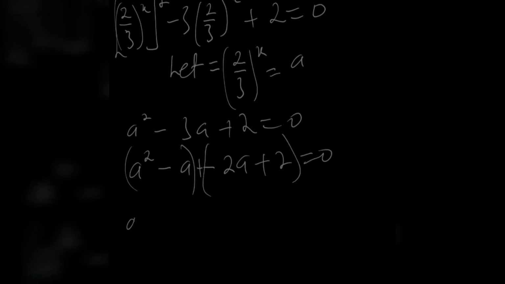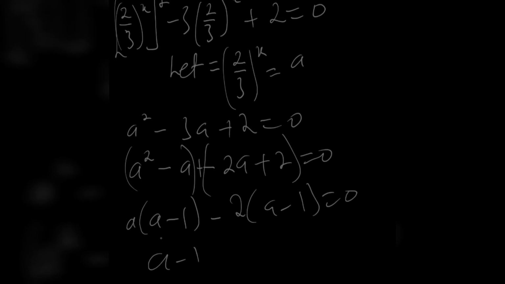Factoring out a, we get a minus 1 here. Then factoring out minus 2, we get the same a minus 1 in the same bracket. So we get a minus 1 in one bracket and a minus 2 in another bracket. That means a is equal to 1 or 2. But what was a? a was equal to 2 over 3 raised to the power x.